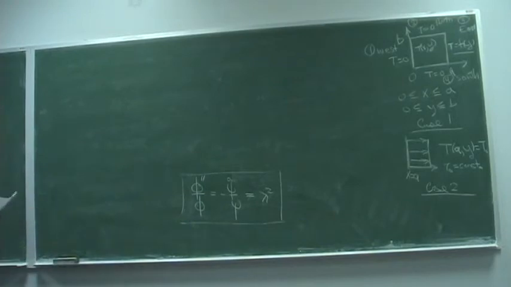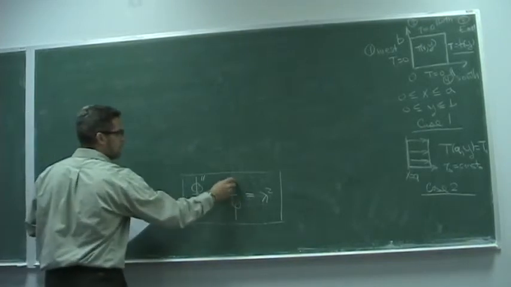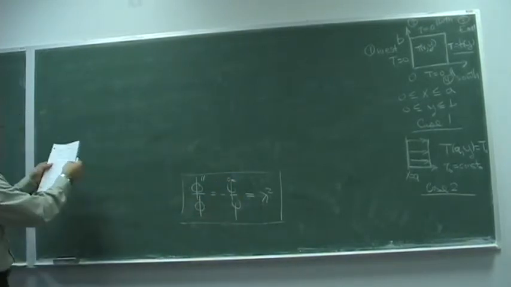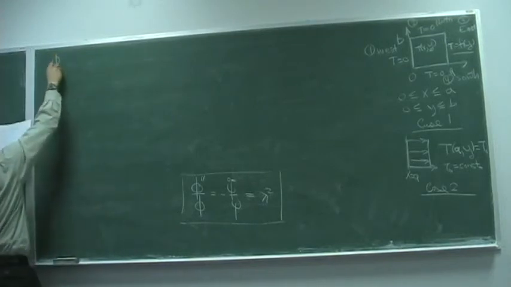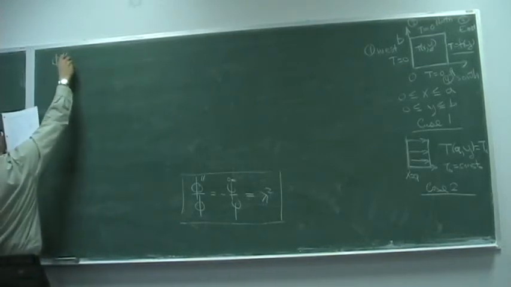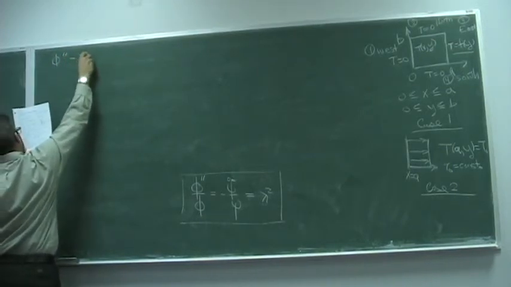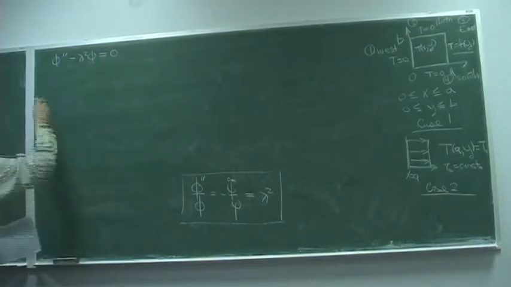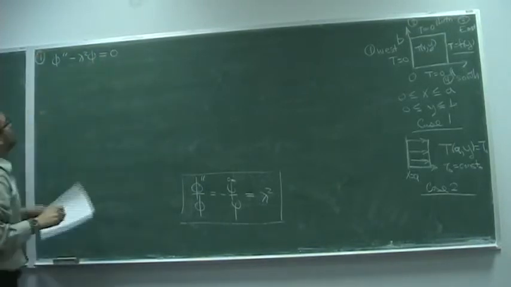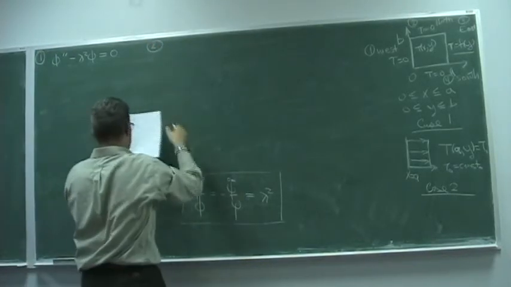Now we can separate that into two separate equations because this one's a function of x only, this one's a function of time only. So let's go ahead and do that. So there's our first equation. We'll call that 1. And here's our second equation. We'll call this 2.